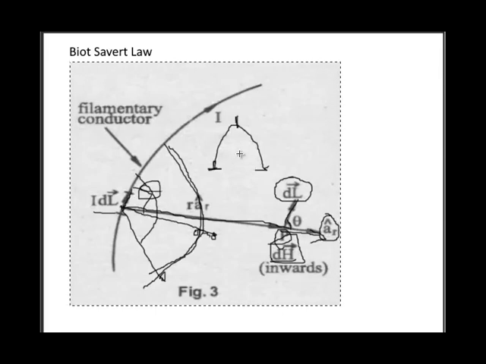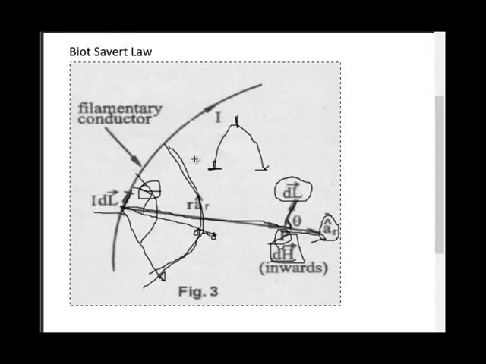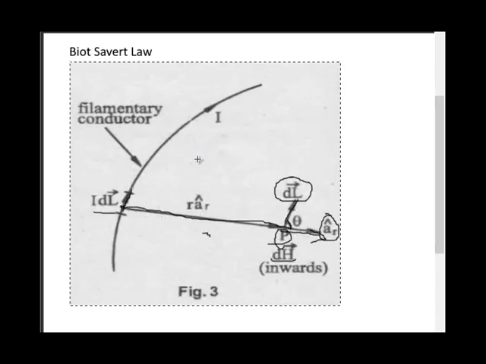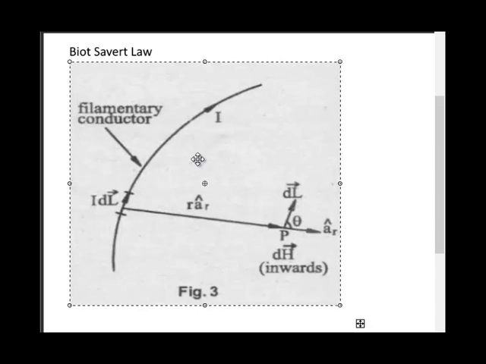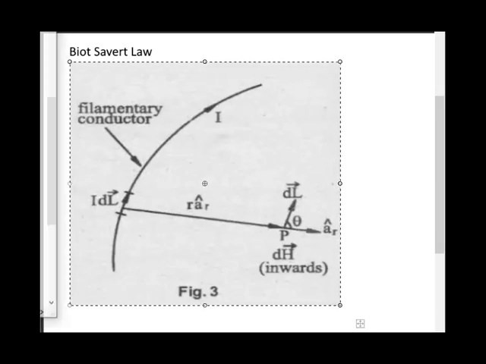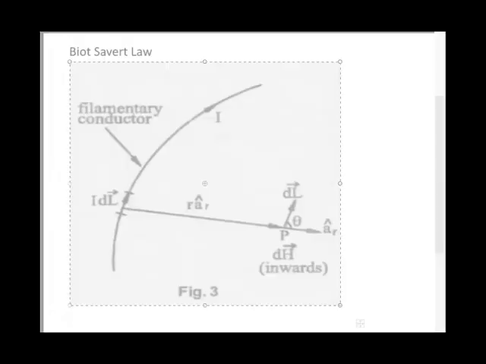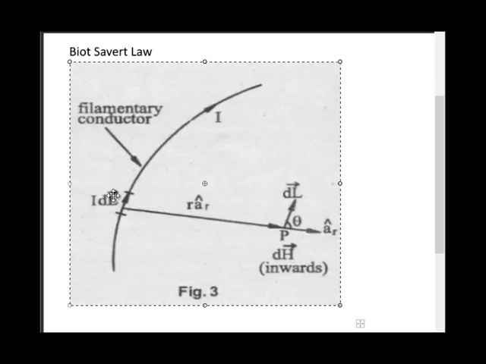So we can write an expression for dH. dH is proportional to three parameters: one is the differential current element Idl, second is the sine of angle theta, and third is the square of the radial distance r.